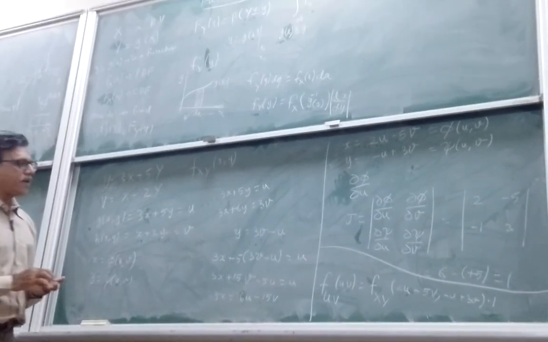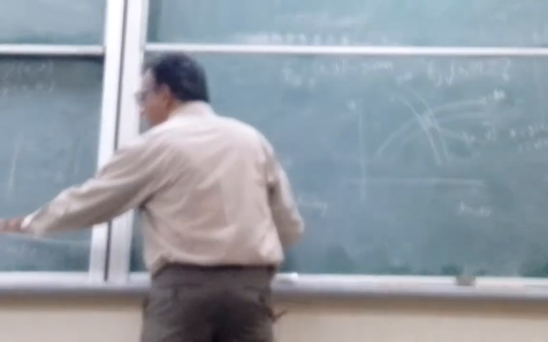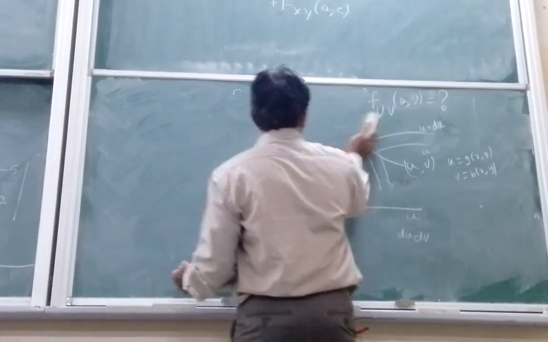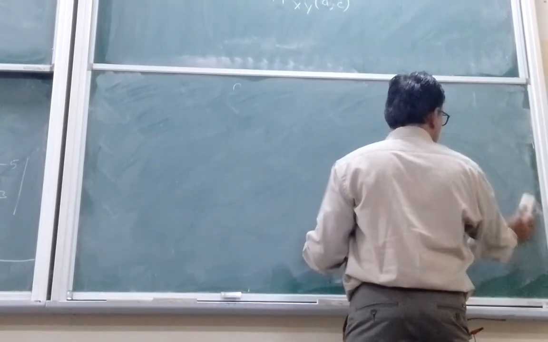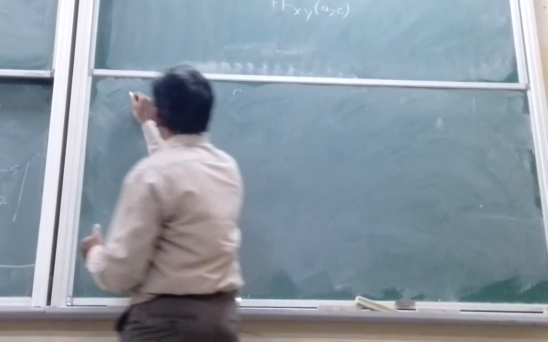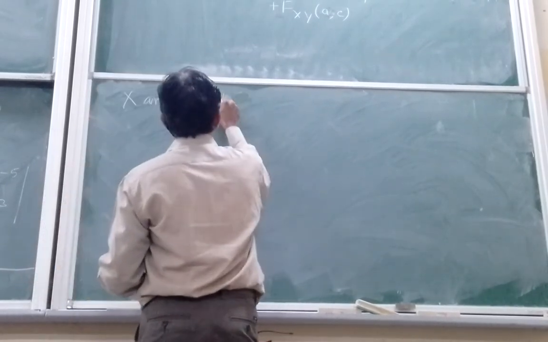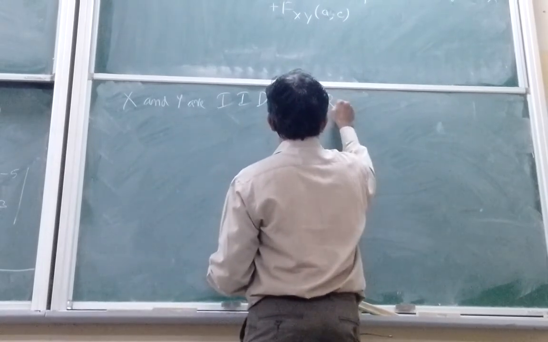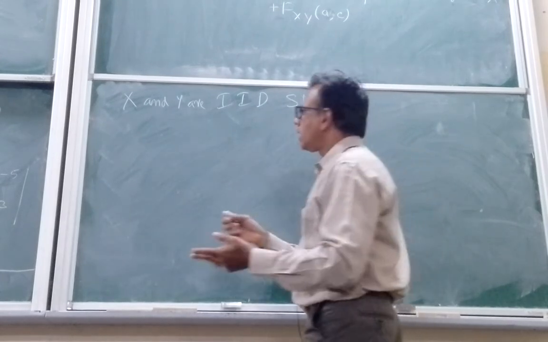Well, to give an example, to dwell a little bit more on this, suppose so far the density function is not even given to you. It's an arbitrary density function. Suppose a particular density function is given. If you are told that x and y are IID standard normal random variables, what does it mean?